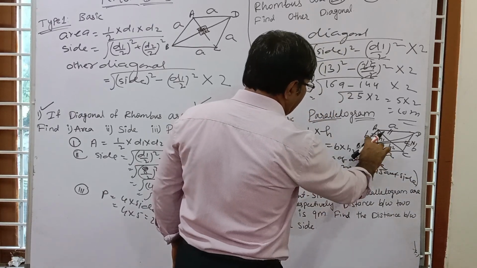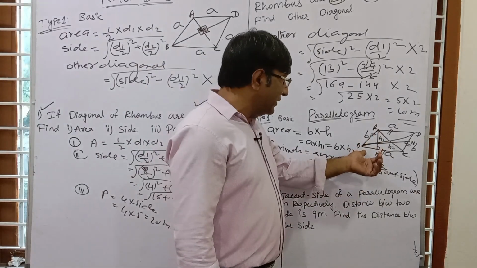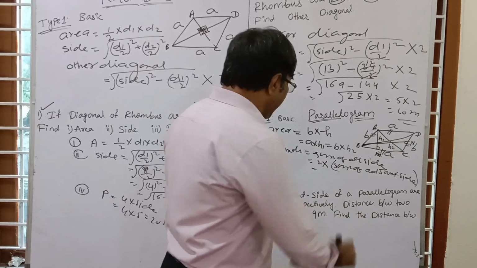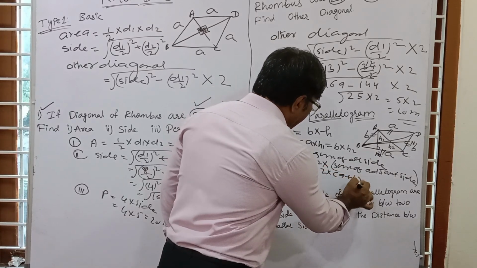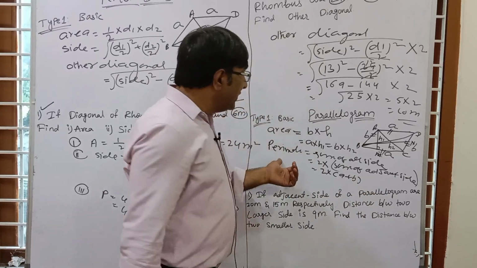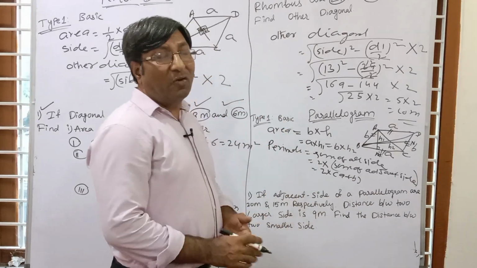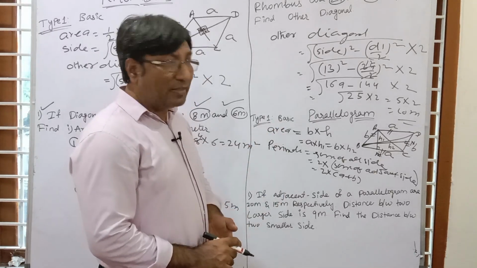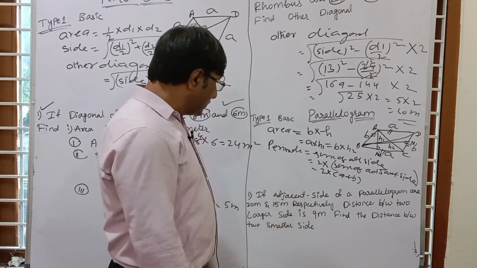This side and this side are called adjacent. Two sides having a common point are called adjacent sides. So this is A and this is B. So you can write 2 into A plus B, right? So this is the perimeter of parallelogram. From only these two basic concepts, a lot of questions are generally asked in the parallelogram. So if you have an idea of these two sections, you can solve this question also.